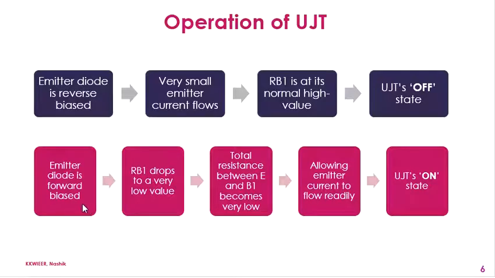On the other hand, when the emitter diode becomes forward biased, the RB1 drops to a very low value so that the total resistance between E, that is the emitter, and B1, that is base 1, becomes very low. It allows emitter current to flow readily. This is on state of a UJT. So these two are on state and off state of unijunction transistor.